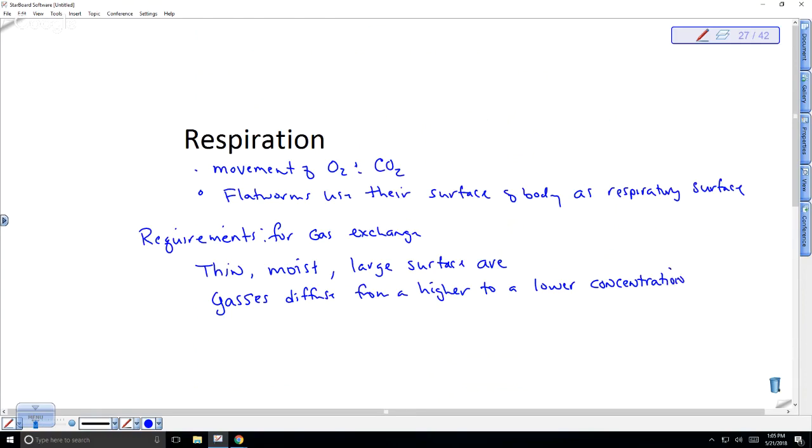Diffusion is just a passive process that we can even see in a beaker of water, because when you add salt to it, the salt molecules will diffuse until they're equally distributed in that beaker. And gases likewise will diffuse until there's equal distribution.